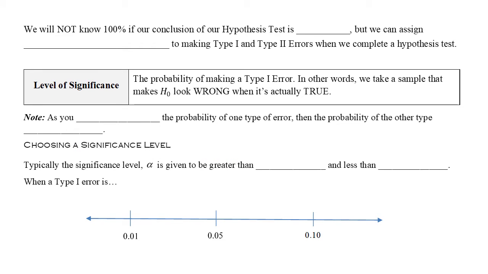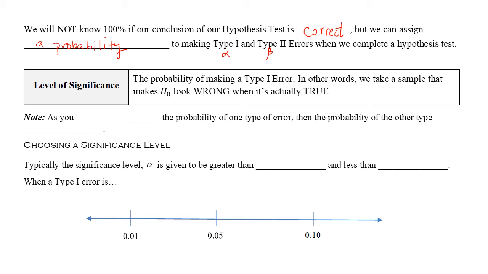We will not know 100% if our conclusion of our hypothesis test is correct, but we can assign a probability to making a type 1 or type 2 error. And we generally use the letter alpha when we're talking about the probability of a type 1 error. And we use the letter beta when we're talking about the probability of a type 2 error.